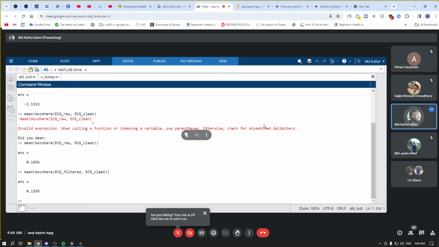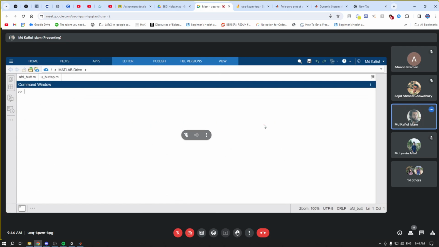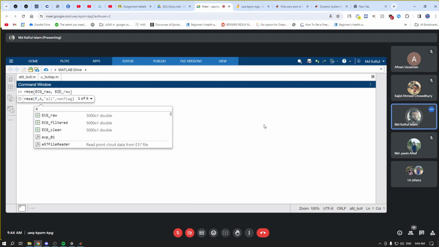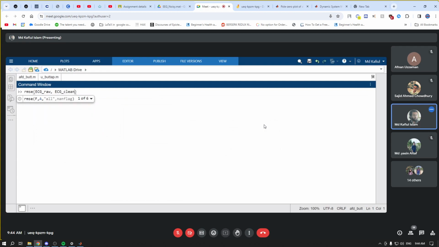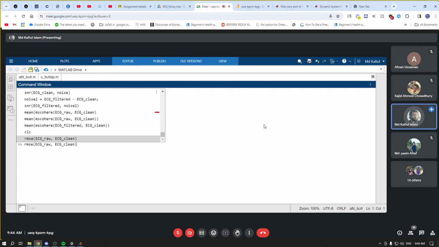Another part was RMSE, root mean square error. Before filtering, the RMSE between raw and clean was 0.7567.